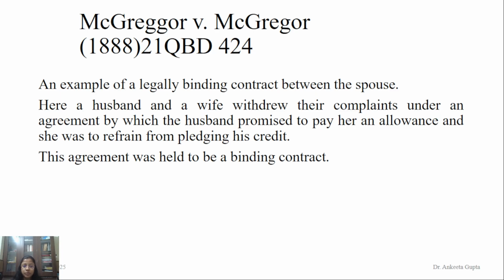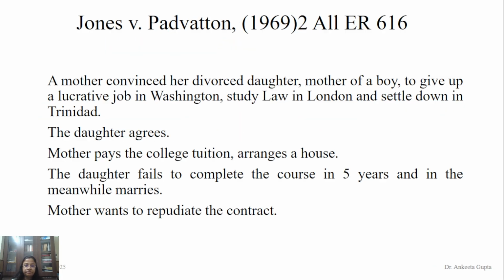There's a huge difference between the Balfour versus Balfour and McGregor versus McGregor case. And therefore, in McGregor versus McGregor, the court said that this is a binding agreement between the parties and that the law can enforce the rights and obligations mentioned in this agreement.